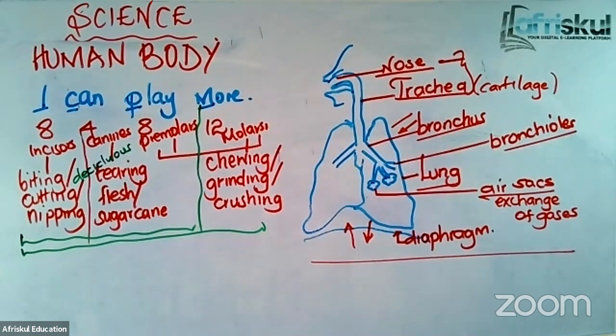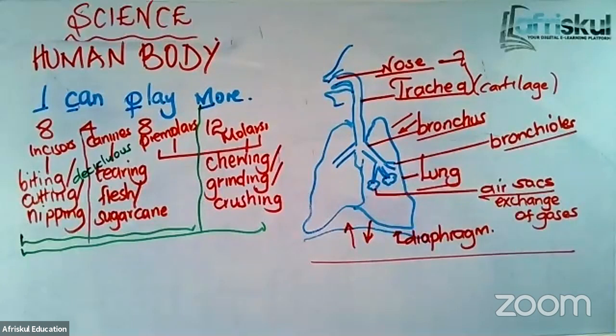You do? Good. So the next part is the digestive system. Can you label the digestive system? Yes. That's very nice. So just like the breathing system, you're supposed to be able to label all the parts and then state the function of each and every part.